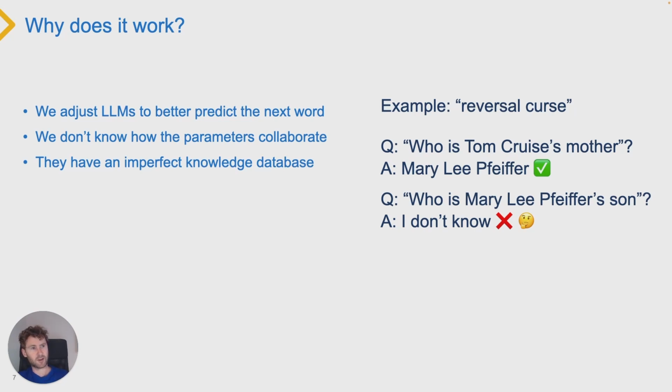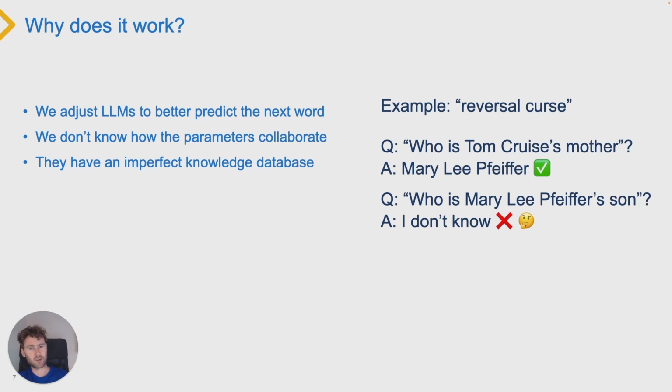Because it's this complex, almost organism that's grown rather than coded, as one way to think about it, one interesting aspect is that it has this weird behavior when it comes to knowledge. An example here is, who is Tom Cruise's mother? It knows that.